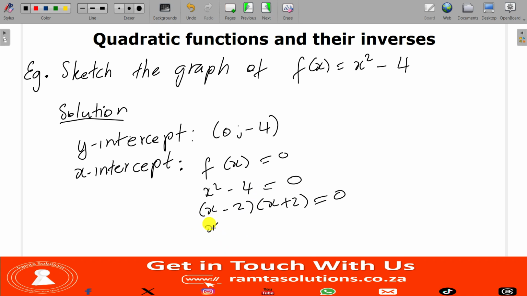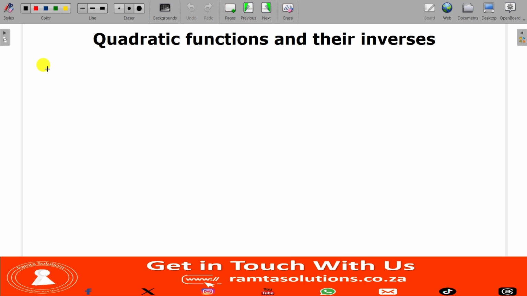So here, x equals 2 or x equals negative 2. Therefore, the x-intercepts are negative 2 and 0, and positive 2 and 0. Okay? Perfect.